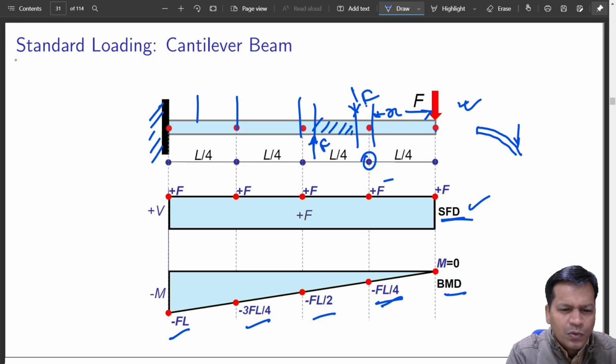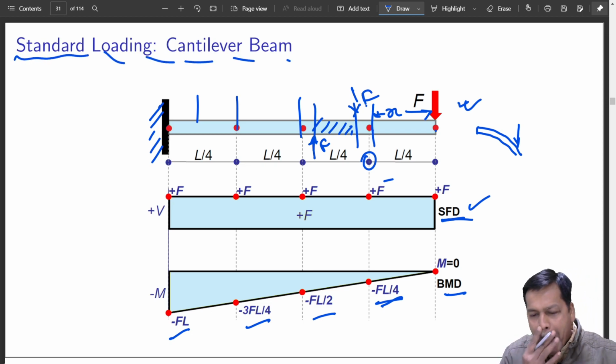So this looks quite simple as long as you have just one force acting on the beam. You saw 3 cases by now. We'll move ahead to establishing a relation. Could you observe anything on all of these?